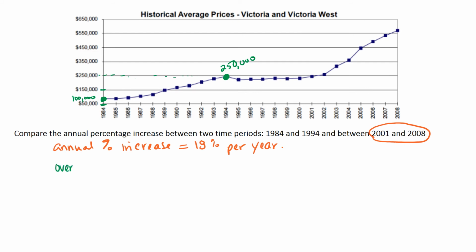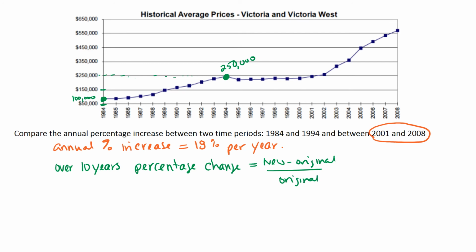So over the 10 years, the percentage change is the new minus the original divided by the original. And don't forget to multiply by 100. In this case, the newer value is 250,000 minus the original price in 1984 of 100,000. It's hard to believe that prices were that cheap way back when, divided by 100,000.